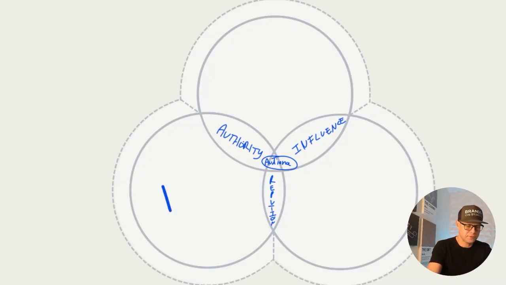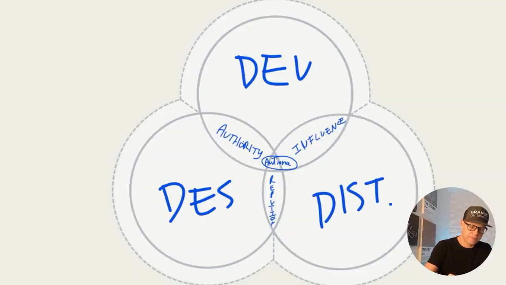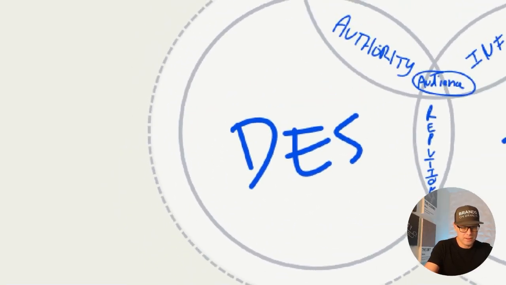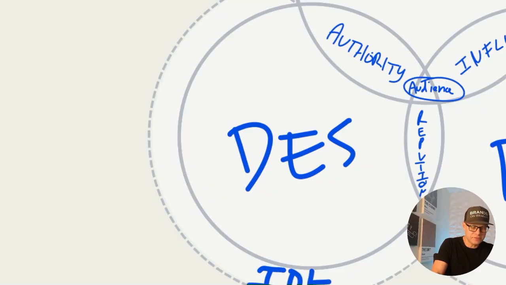So first, we've got the design phase, and then you have the development phase, and then you have the distribution phase over here. So let's zoom into the design phase. And every phase has 3 steps. So in the design phase, the first step is developing a great idea for your show.